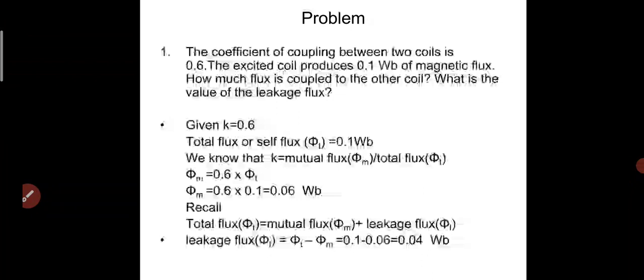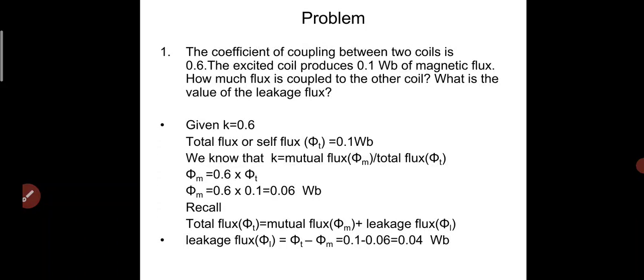The coefficient of coupling between two coils is 0.6.